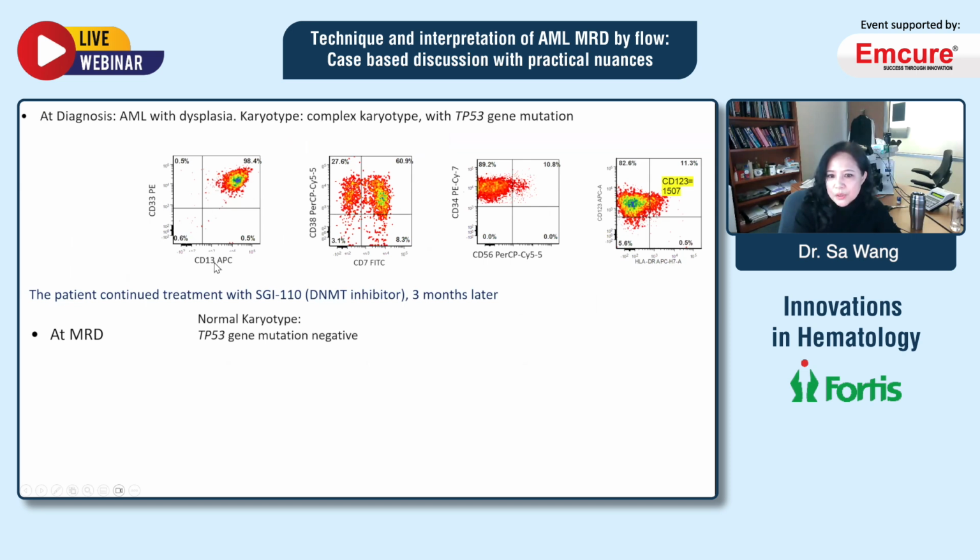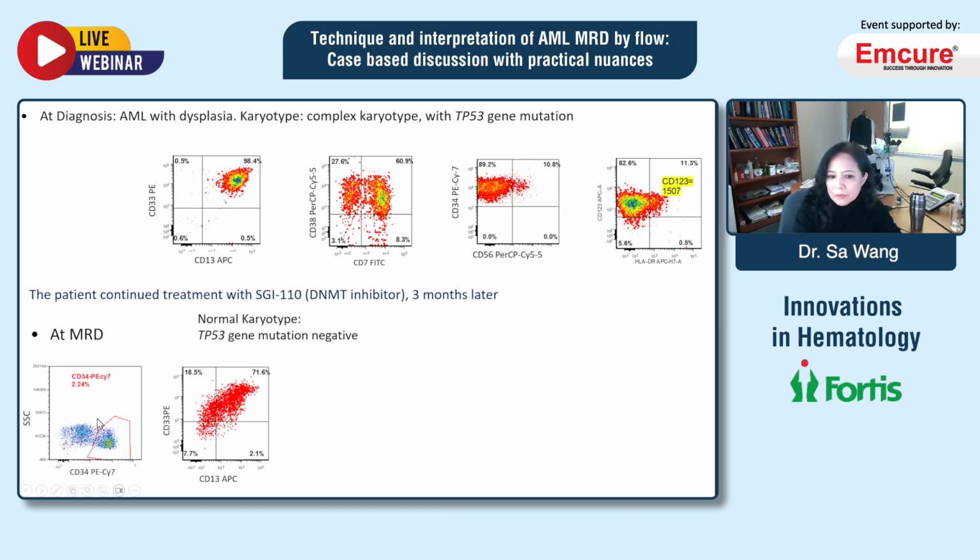If you see the CD33, CD13 one blob, and also CD7 expression and a little bit of CD56, not much, and also most of them have no HLA-DR. When you get a case like this, I say, oh yeah, the AML MRD will be very easy, right?